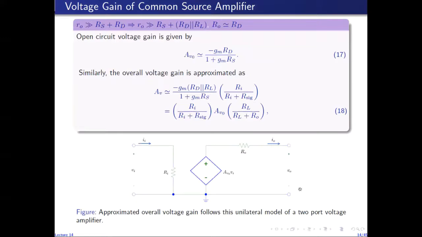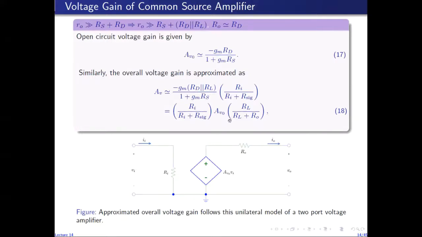So when we connect RL here and V sig through R sig here, then VL is AV naught times VI times RL over RL plus R naught. And VI is equal to RI over RI plus R sig times V sig.